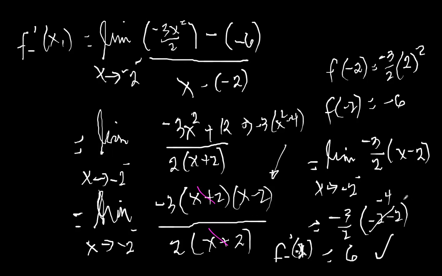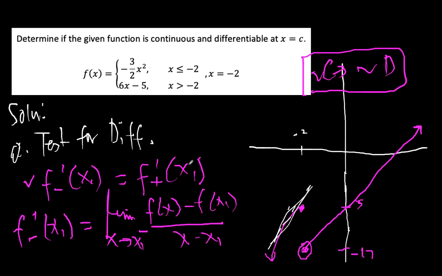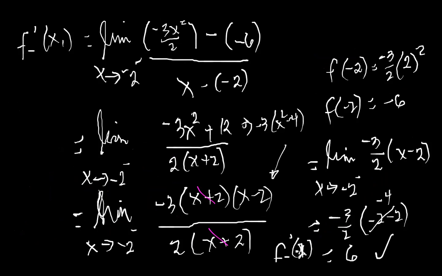So we need to check the other side, the right-hand side of the given equation. Let's work on the right hand side. So that's the derivative at x sub 1 from the right, which is equal to the limit.